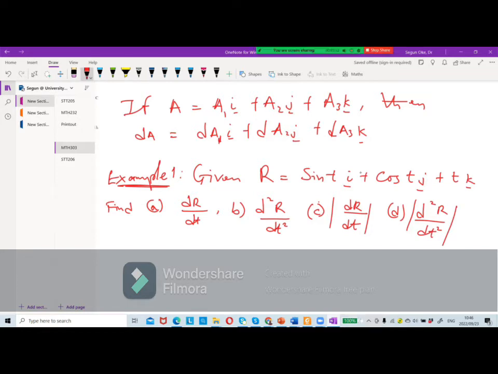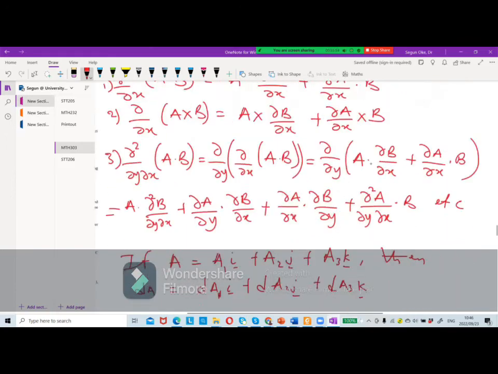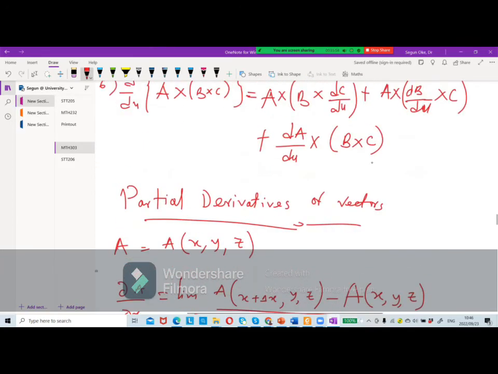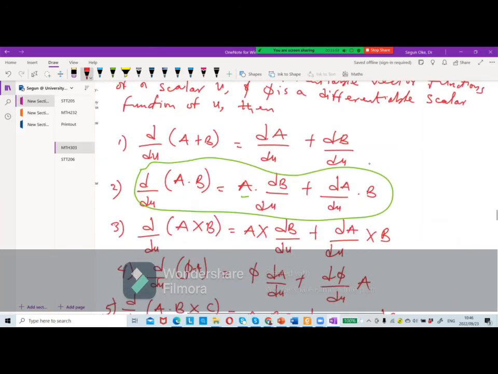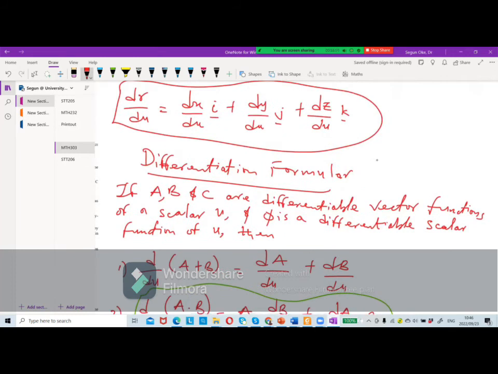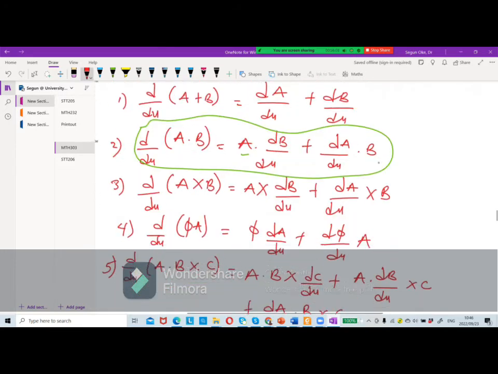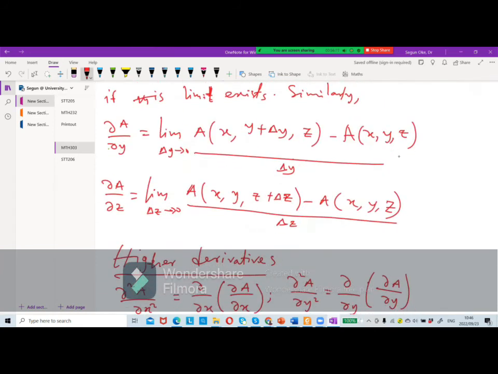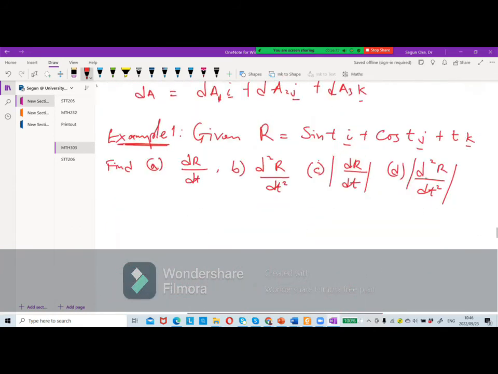So how do we go about this? According to the definition I gave you initially, we now have dr/dt to battle with. For us to solve this one, all we need to do is substitute.